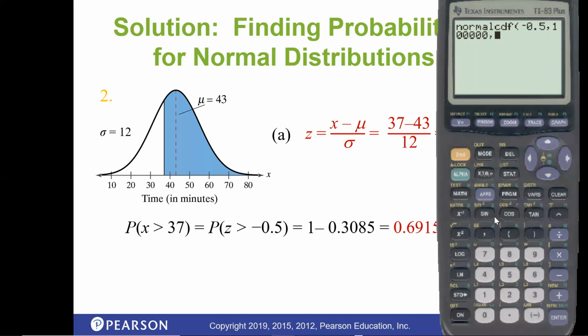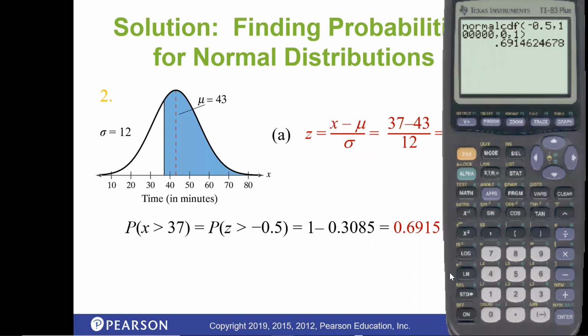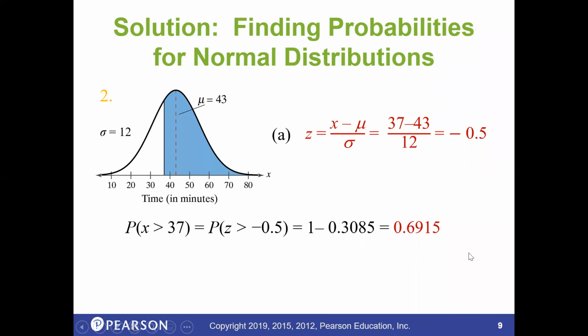So from negative 0.5 on out, the mean 0, standard deviation 1, close it off, click enter, and voila. Is that what I got down here too? I did, 0.69146, so 15, there it is. Part A is done, 69-ish percent, right?